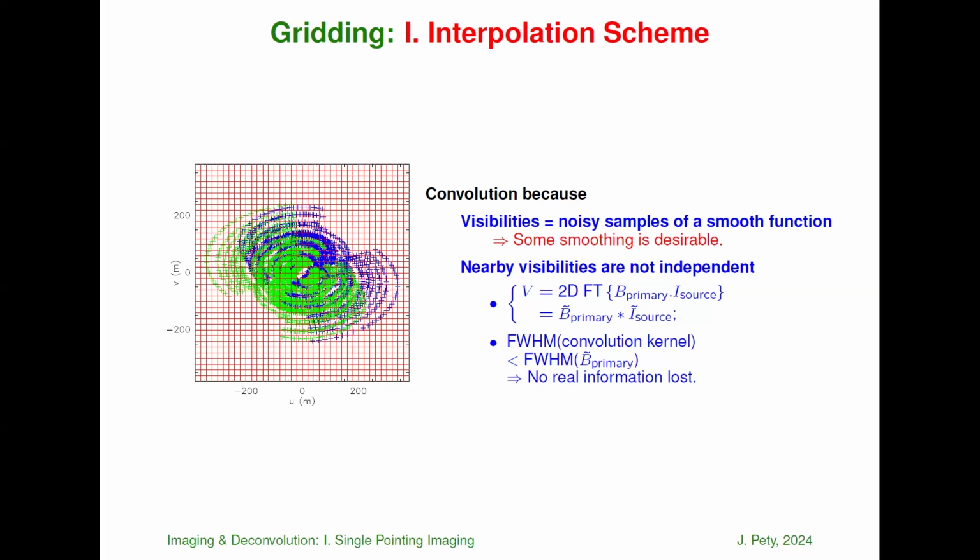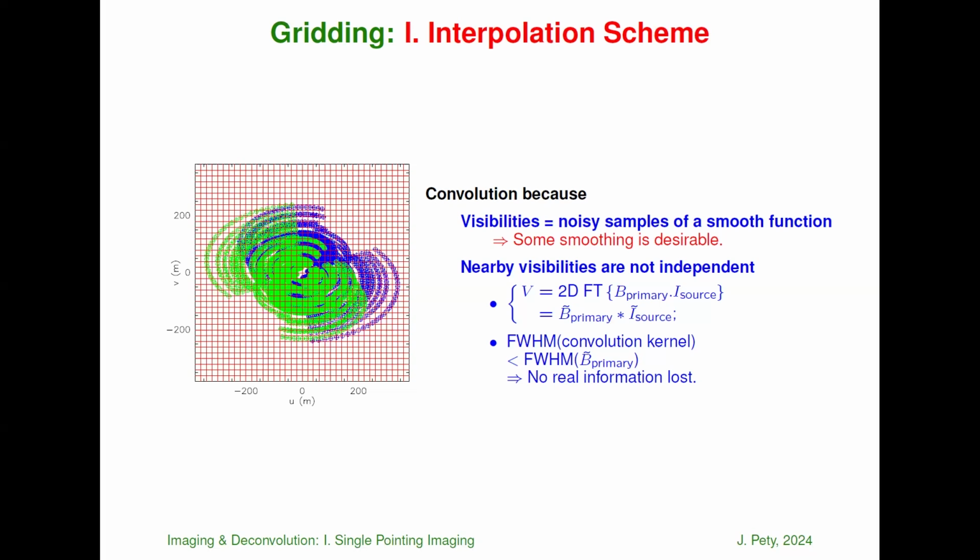The second reason is that nearby visibilities are not independent. I've told you that each cross is a measurement in the Fourier plane of your source, but that's not exactly true. The reason is that the visibility function is the 2D Fourier transform of the intensity of the source times the primary beam function.